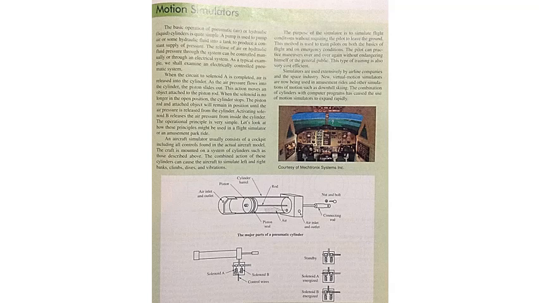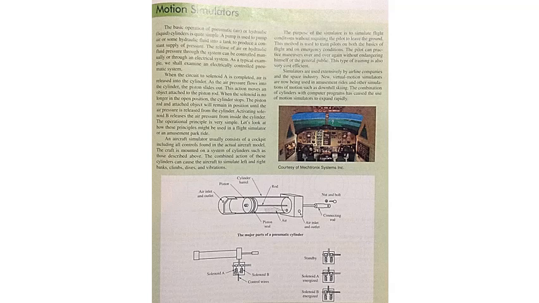As a typical example, we shall examine an electrically controlled pneumatic system. When the circuit to solenoid A is completed, air is released into the cylinder. As the air pressure flows into the cylinder, the piston slides out. This action moves an object attached to the piston rod.